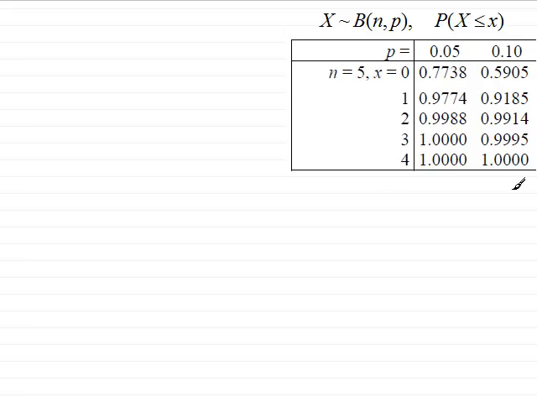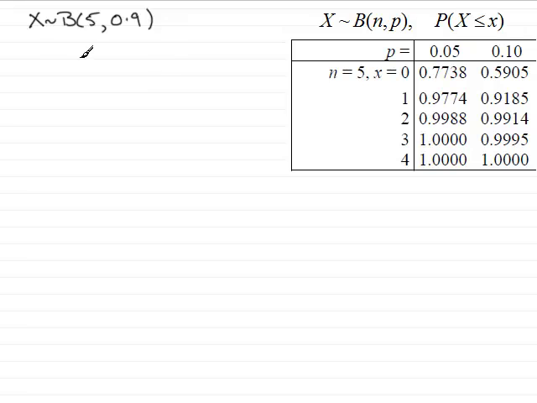Now here I have an extract from the tables where we've got p going from 0.05 and 0.10, and we have n equals 5 and x equals 0, 1, 2, 3 and 4. So if we had a binomial distribution for x, distributed binomially with 5 trials, but the probability of success was 0.90, then how could I use these tables to work out other probabilities?